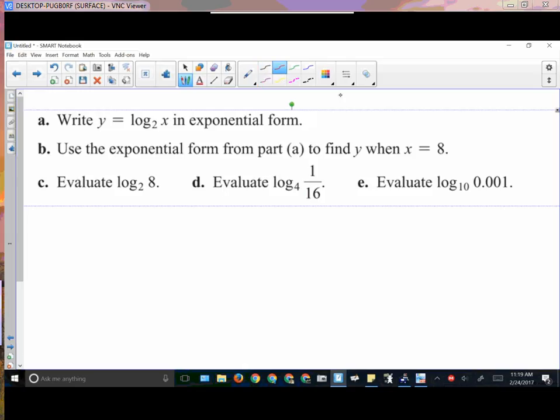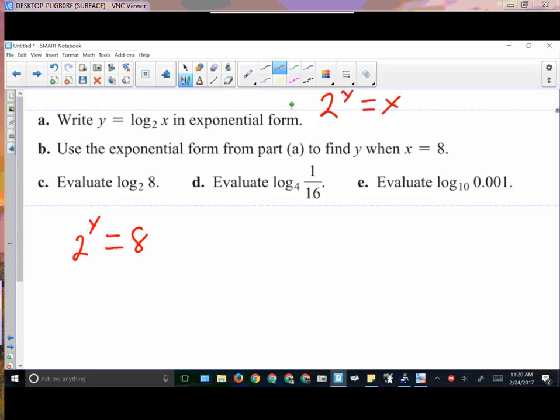That's just going to end up being 2 to the y is equal to x. So now, use the exponential form from part A to find y when x is equal to 8. So I want to evaluate this. So that means 2 to some power of y is equal to 8.